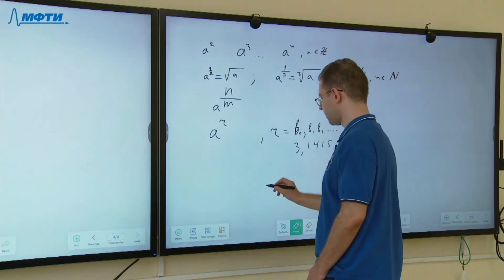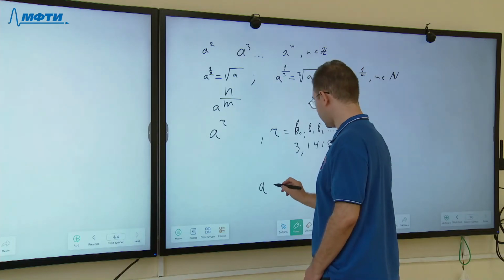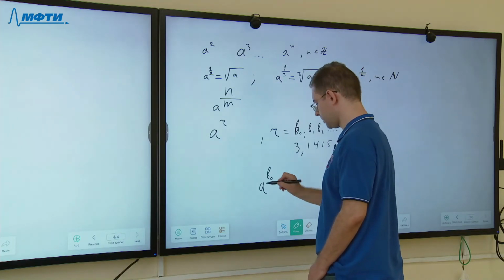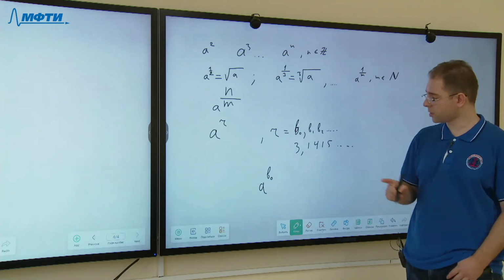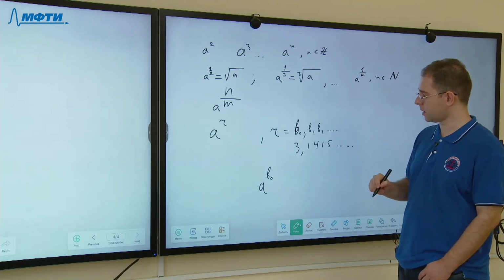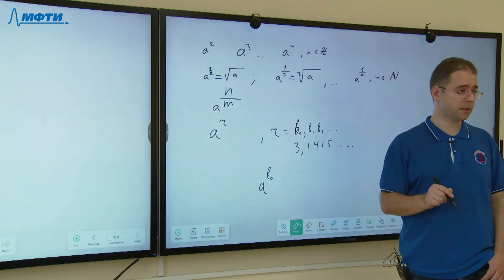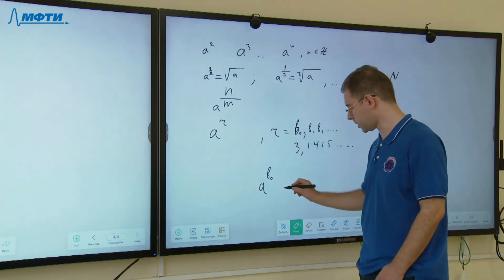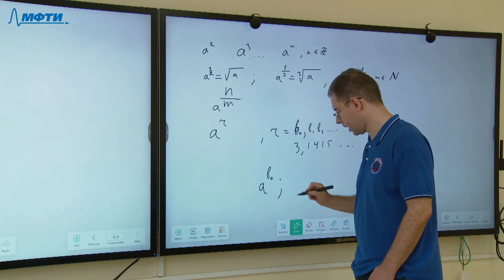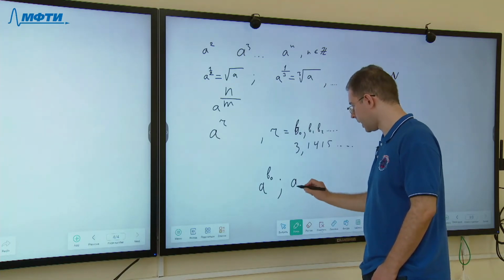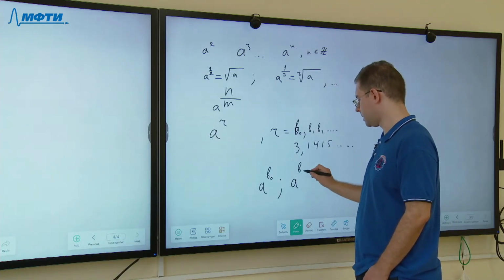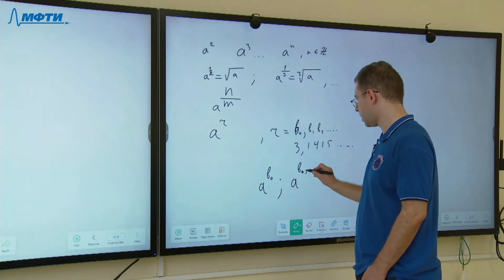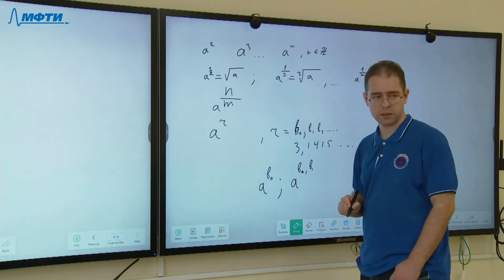Okay, so I'm raising a to power b0. b0 is an integer number, so I understand what it means to raise a to power b0. Then I raise a to power b0, comma b1.